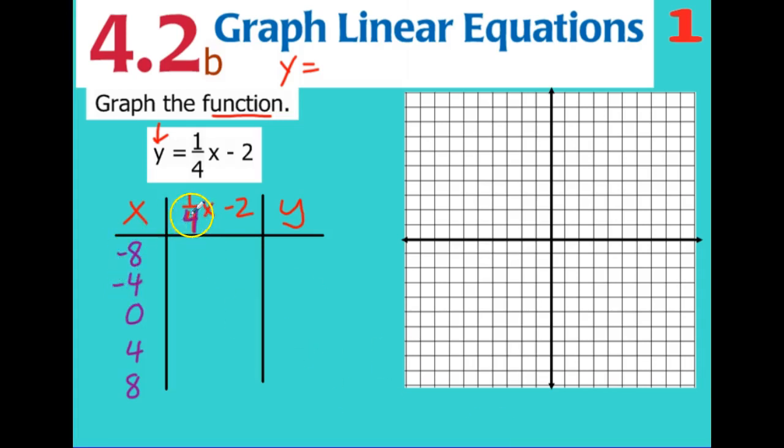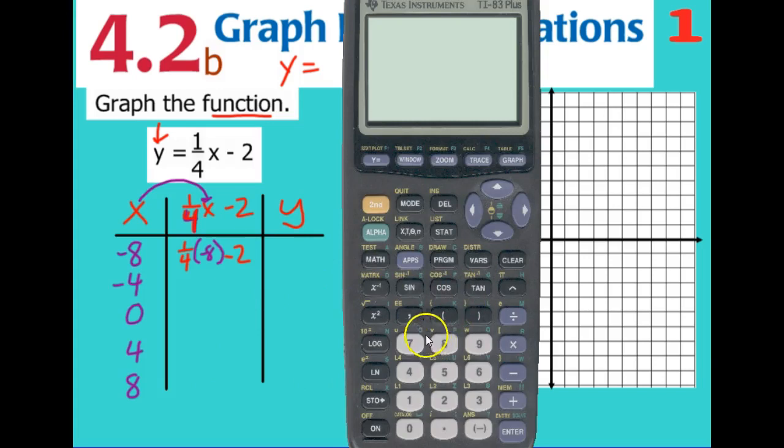So let's plug this in. We have first 1/4 times x, and x is first a negative 8. And then we're going to subtract 2. So 1/4 times negative 8, well, let's just plug that in my calculator. In parentheses, because it's a fraction, 1 divided by 4.